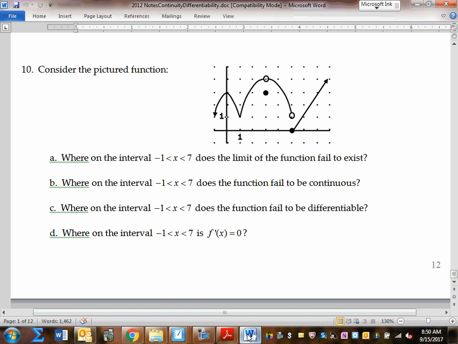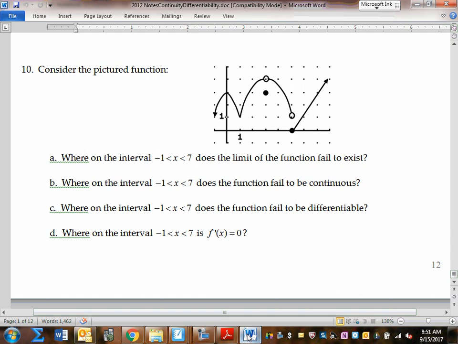No. Cusp is always that sharp point. So here we don't have a vertical tangent, and I try to draw a tangent line. Just your derivative is 0. So if you think about it, the slope is 0. I don't know why I was doing slope. The tangent line turns sideways.